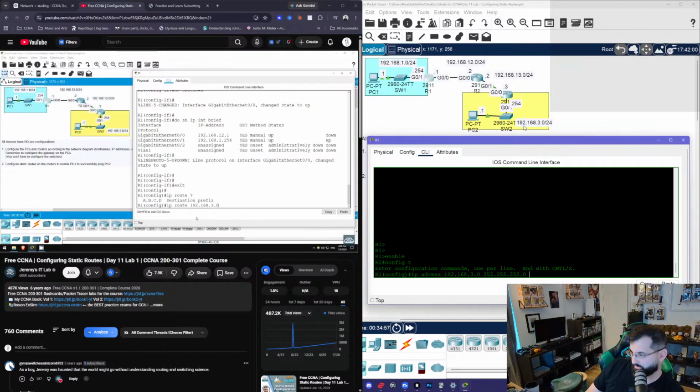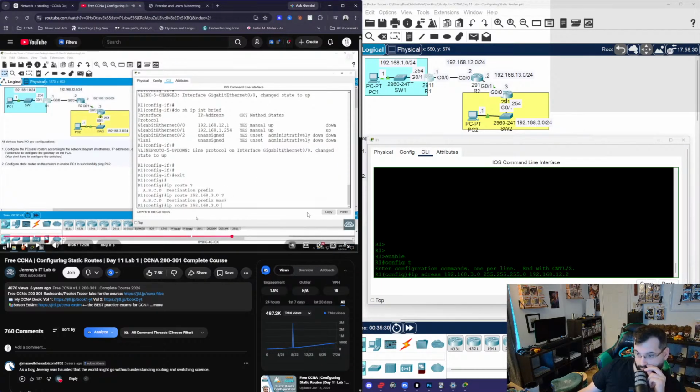And then what address goes there? The next hop. So the next hop. What's the next hop going to be? The next hop's going to be 192.168.12.2. Because this should be the next hop.